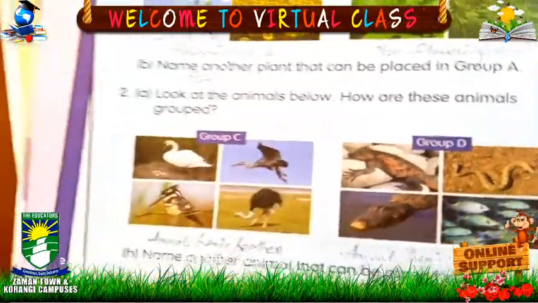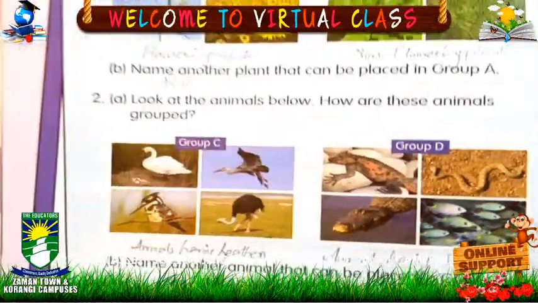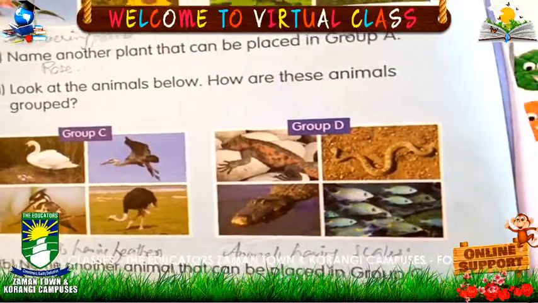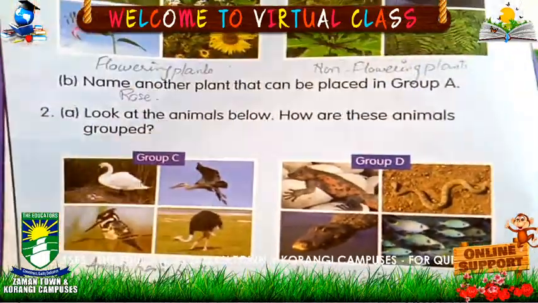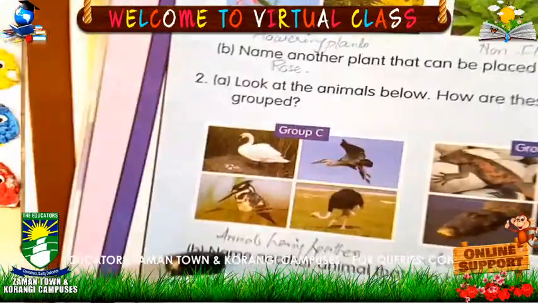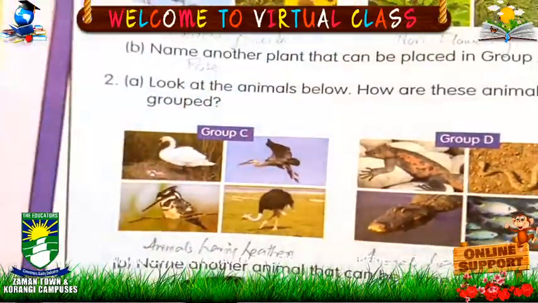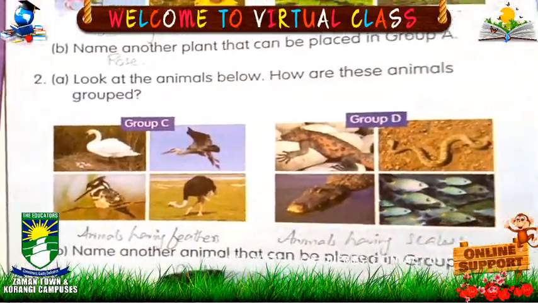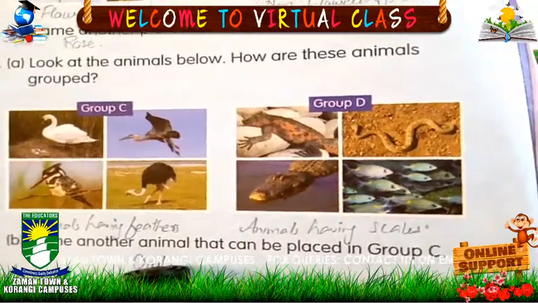So we can write here: animals having feathers which help them to fly. Write it with me. Animals having feathers. Done.